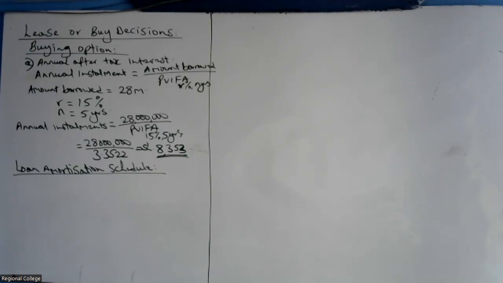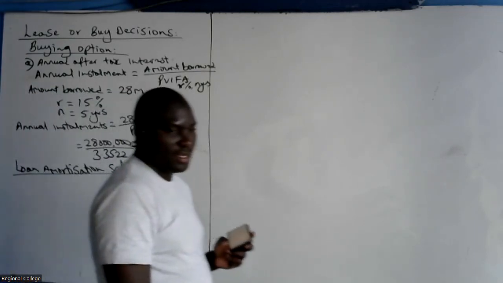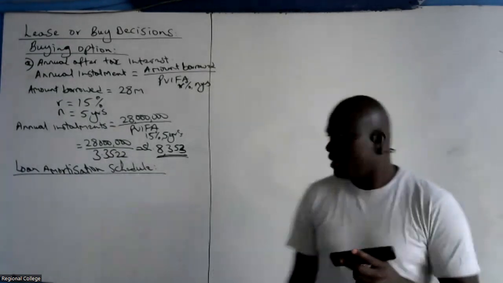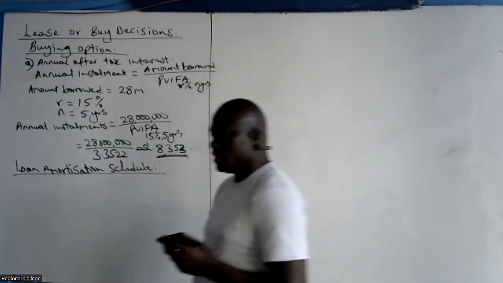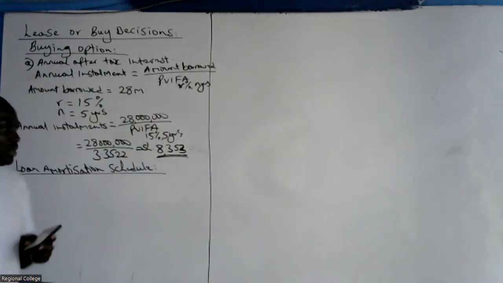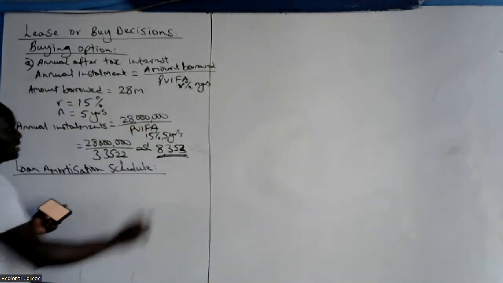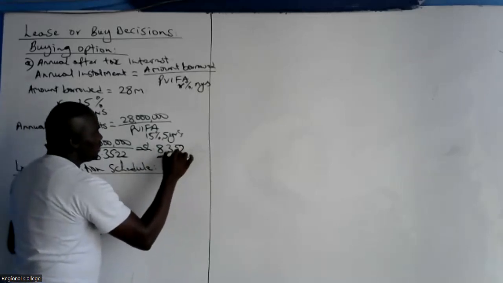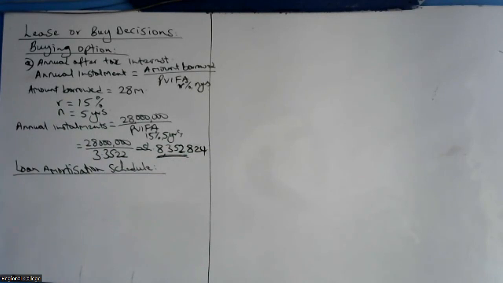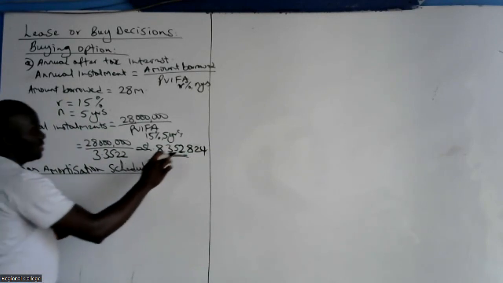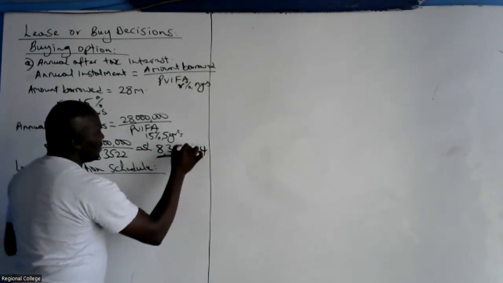It's 8 million, 8 million. Let's try them in thousands. Just 83,524. Or 83,524. I am sorry.